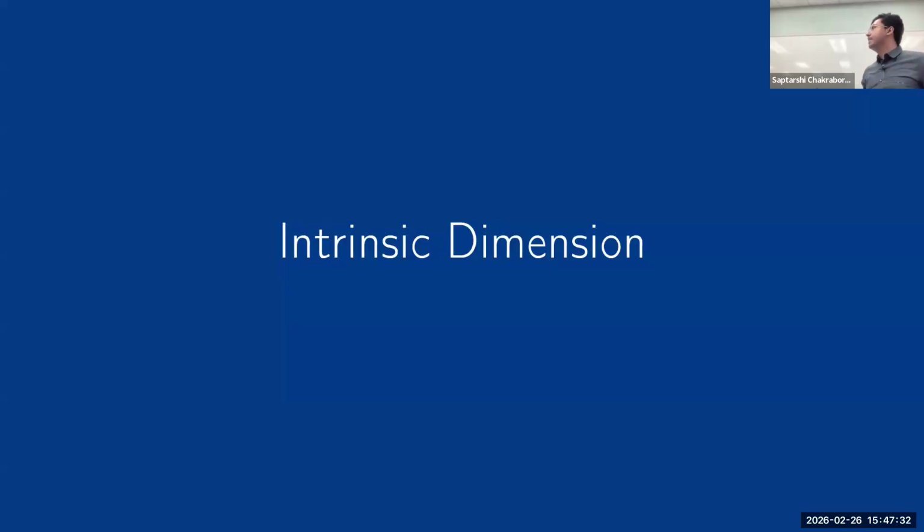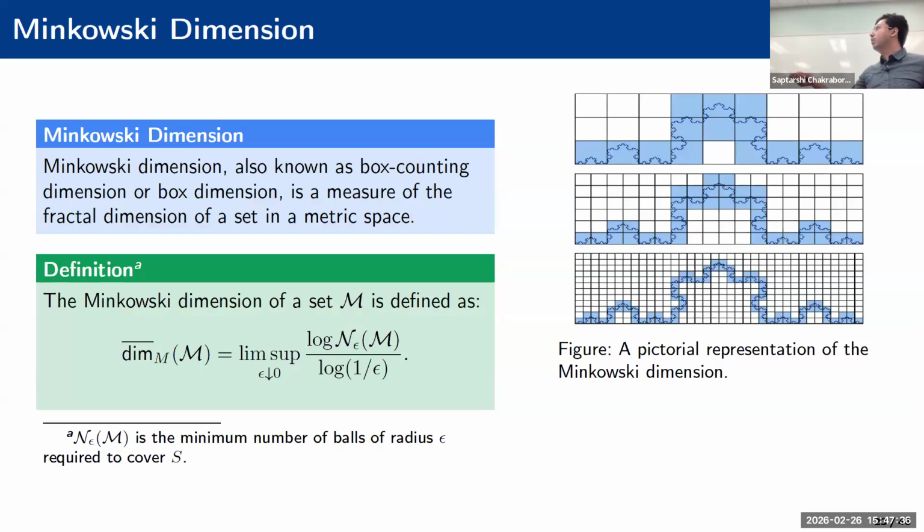To characterize this intrinsic data dimension, a good starting point is the so-called Minkowski dimension, which is nothing but counting the number of epsilon boxes you need to cover a set M. You just take the log covering number, divide by log 1 over epsilon, and take the lim sup as epsilon goes to 0.